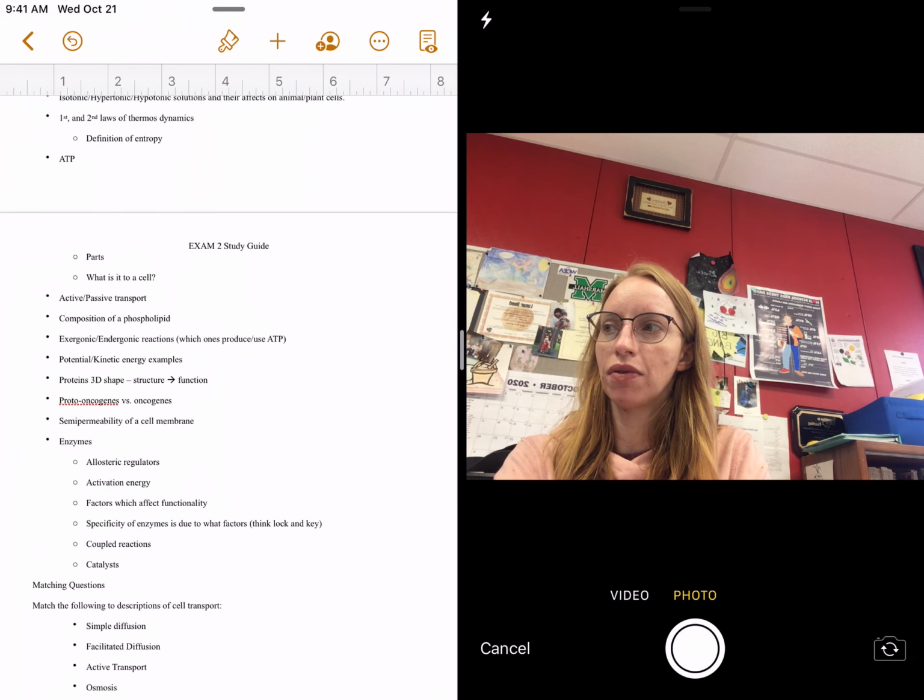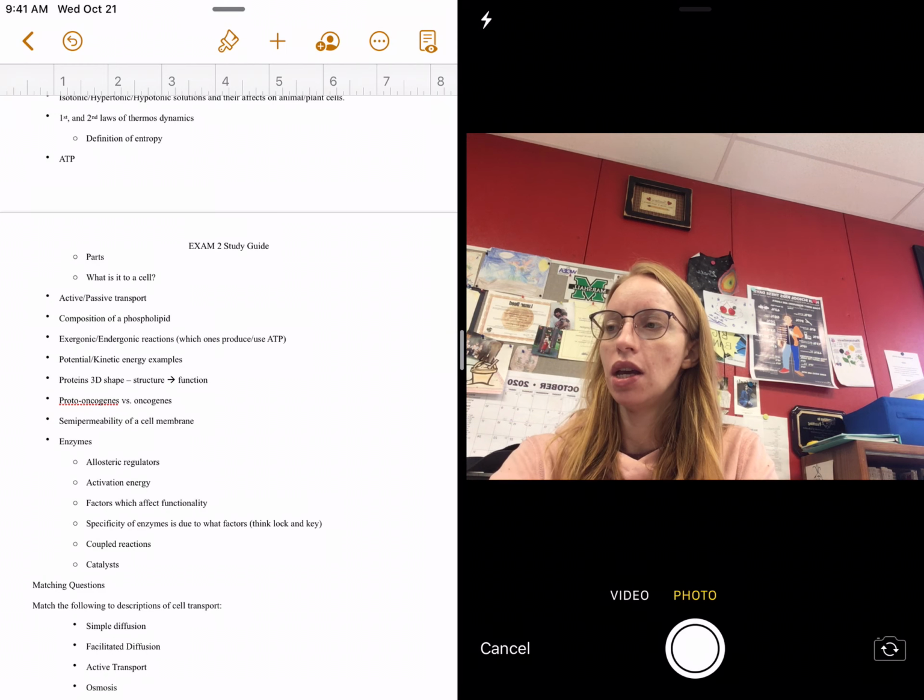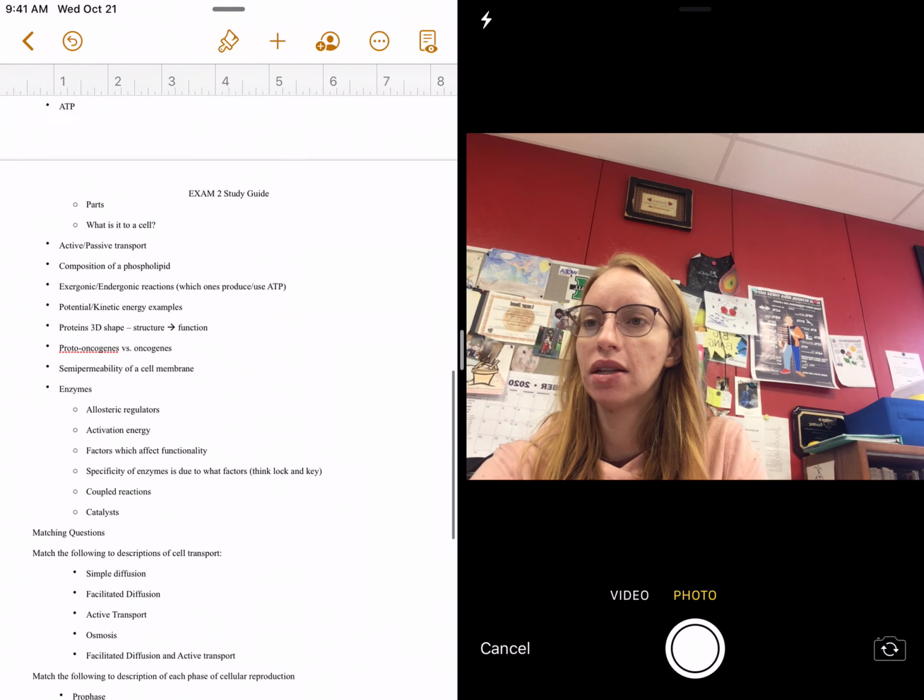The T stands for 3. So you've got your adenine, your sugar, and your 3 phosphate groups. And what is it to a cell? It's your energy currency of a cell. It's basically like a savings bond of energy for the cell. It's an immediate source of energy if you are building stuff.